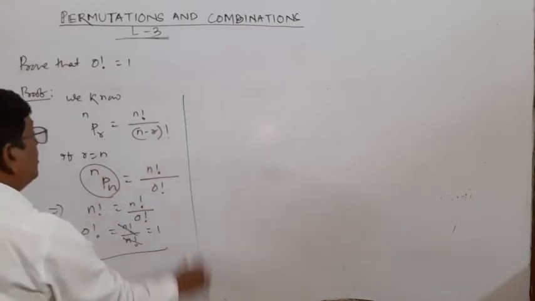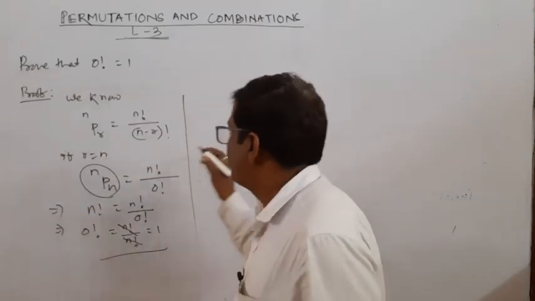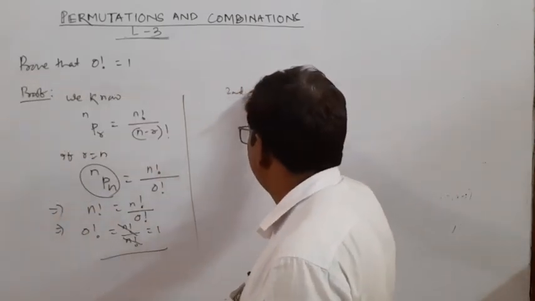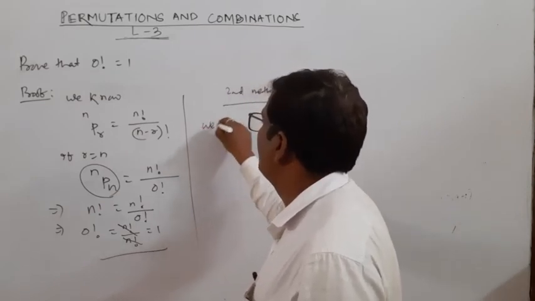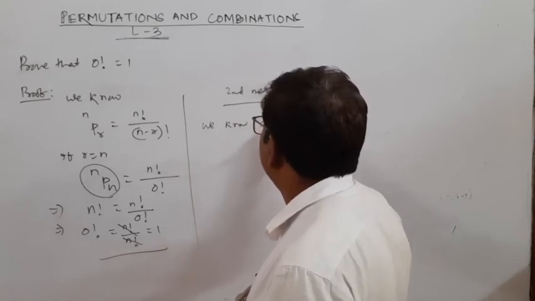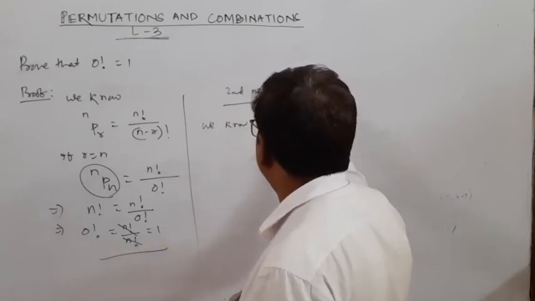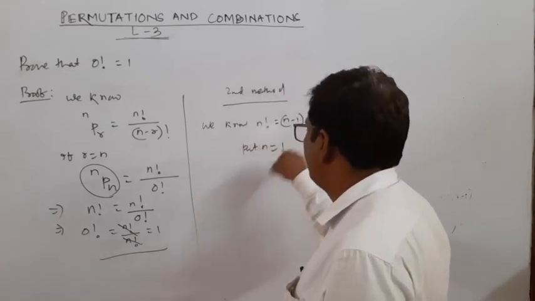This is the first method; now the second method. We know n factorial is equal to (n minus 1) factorial into n. Put n equal to 1.